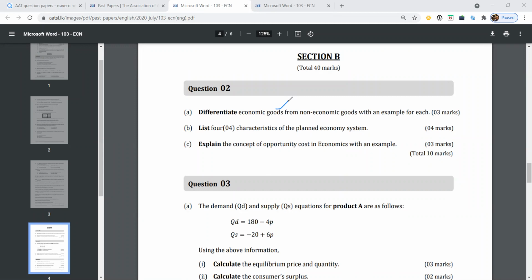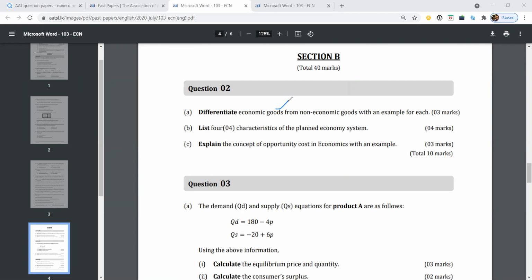So economic goods are limited in supply, but non-economic goods are gifts of nature which are available, or we can say unlimited in supply. Examples of economic goods are consumer goods such as foods, clothing, computers, and non-economic goods are air and sunlight.